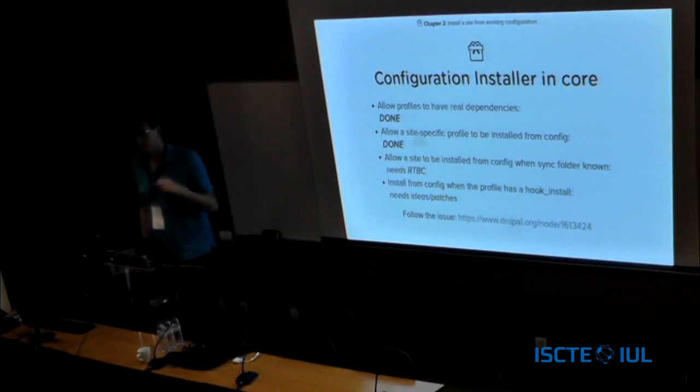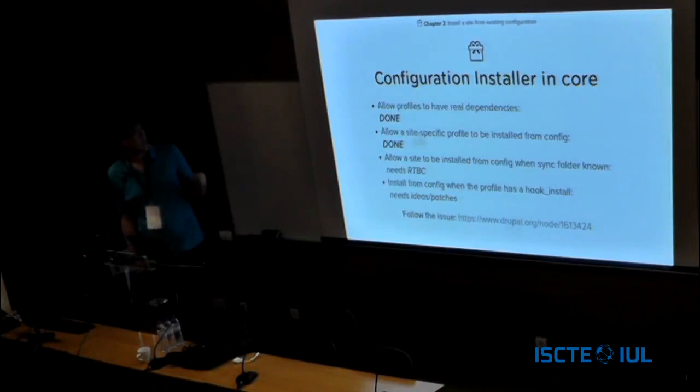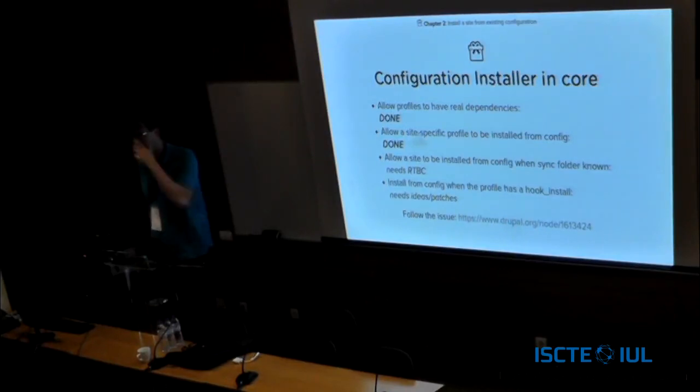The first and already a win for the configuration management initiative is to put this in core. And the first step is to allow profiles to have real dependencies, because right now, for example in Drupal 8.5, you can have standard, and then you can uninstall modules that come with standard, like the contact module.